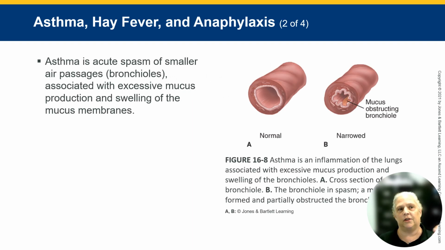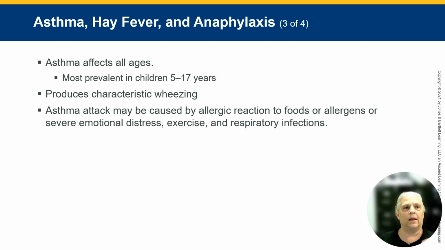Asthma is acute spasm of the smaller air passages, the bronchioles, and it has excessive mucus production and swelling of the mucus lining of the respiratory passages. So their respiratory passages are getting smaller. They're getting more narrow. Usually it's going to affect children between 5 and 17 years.